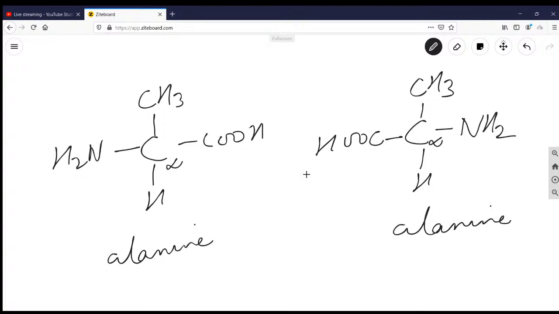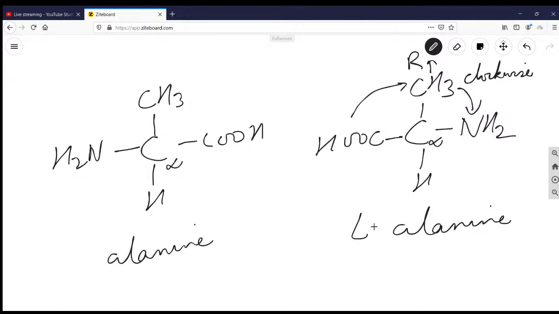If the carboxylic acid is followed by the R group and the amino group in a clockwise direction, then the amino acid is an L isomer. So carboxylic acid, this is the R group, this is NH2. Which direction is it? It is clockwise.